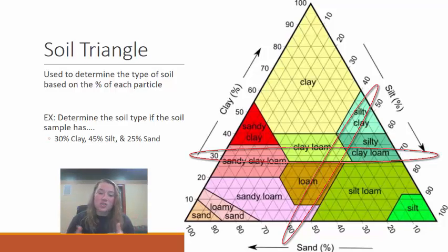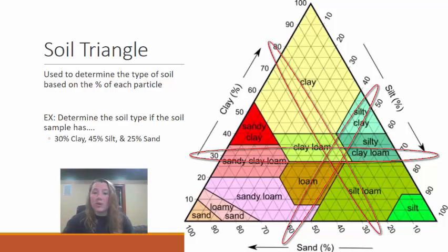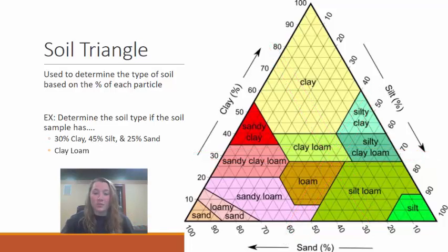We should see these two lines intersect, but just to double check that we found the right percentages, we look at our 25% sand and draw a line following that line on the triangle. These lines should all intersect at one single point, and that will tell us the type of soil that we're working with. So in this example, we were looking at clay loam as our soil type.